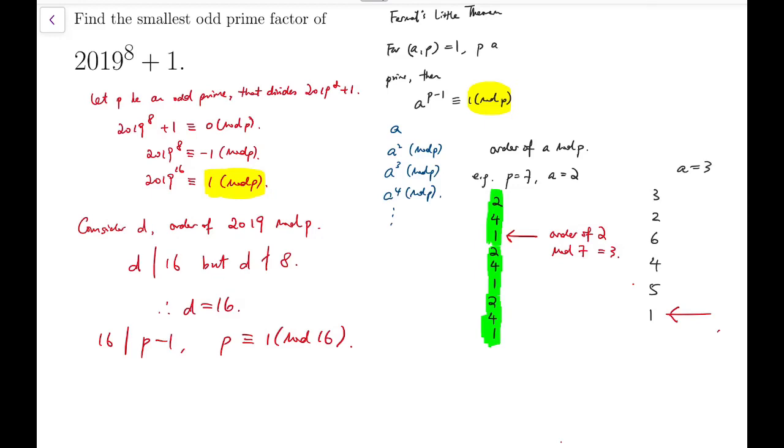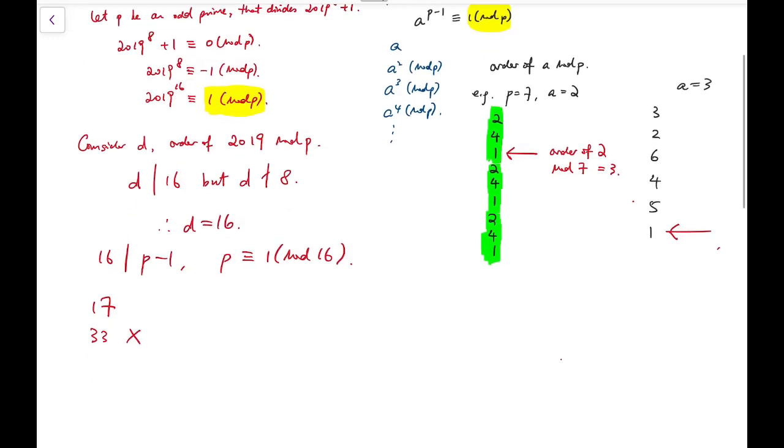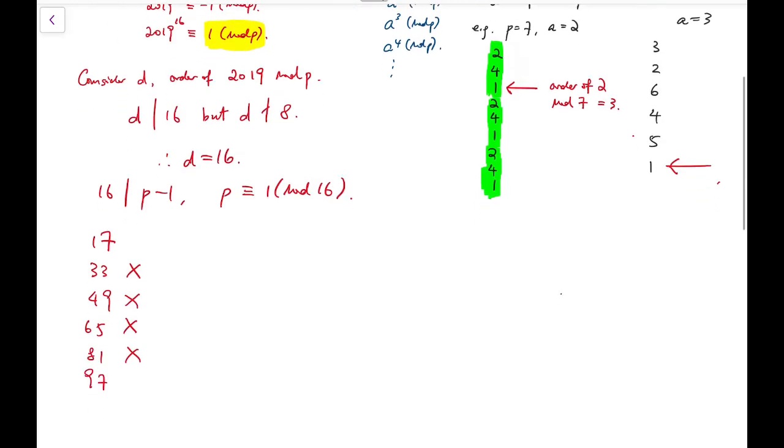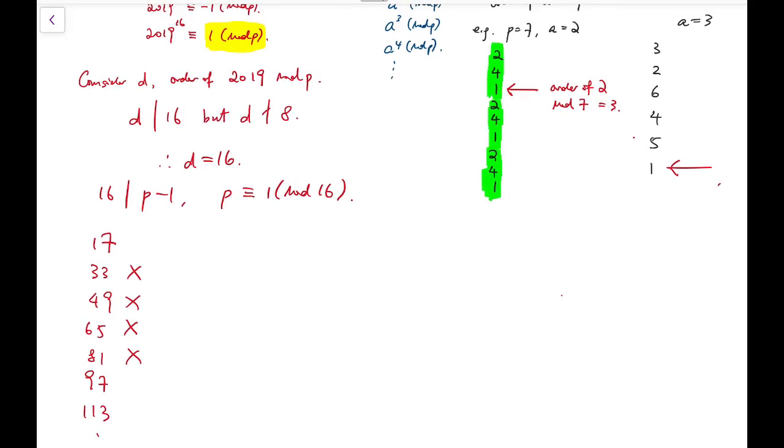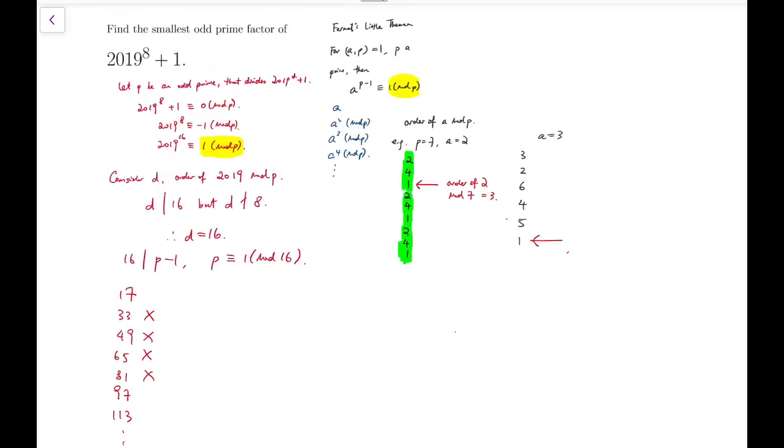Starting from the first one, we have 17, and the next one is 33, not a prime, then 49, not a prime, 65, not a prime, 81, not a prime, 97 is a prime, and then 113 is a prime, and so on. So the first number that we're going to test is 17, and the next is 97, and then 113, and so on. The first one that gets us to 0 mod p wins.